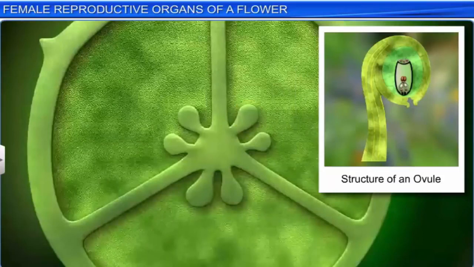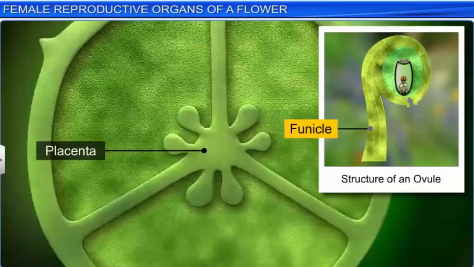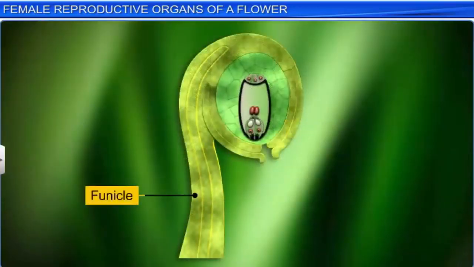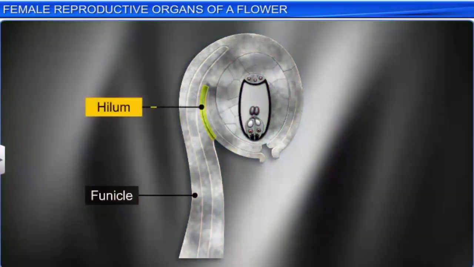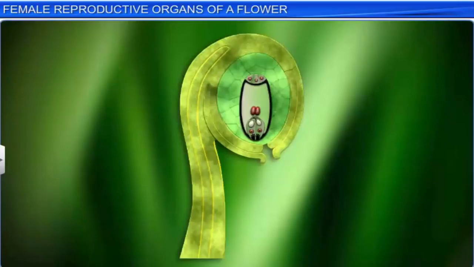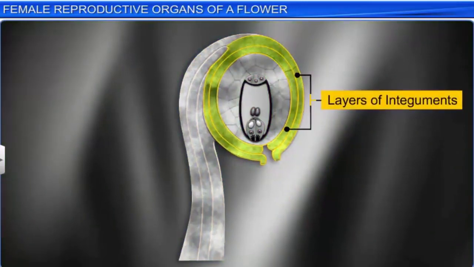It remains attached to the placenta by a stalk called the funicle. In fact, the ovule's body fuses with the funicle in a region called the hilum. The ovule is well protected with one or two protective coverings called integuments.